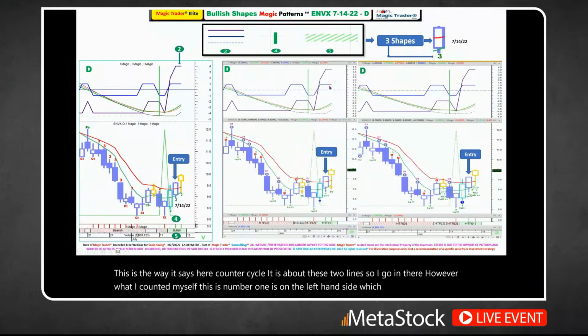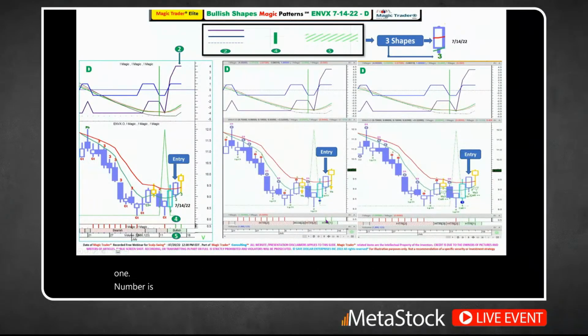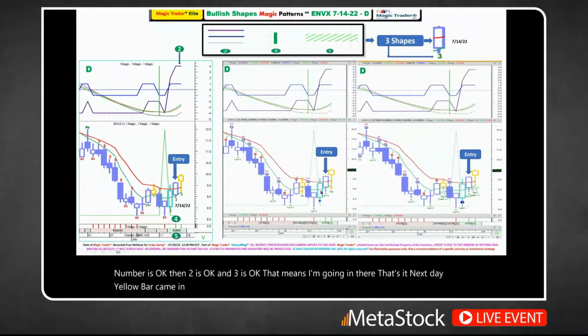Number two is in line, so number one is okay. Then number two is okay, and number three is okay. That means I'm going in there. That's it. Next day, a yellow bar came in, right? Before that, it was a turquoise bar. That's what made that decision.